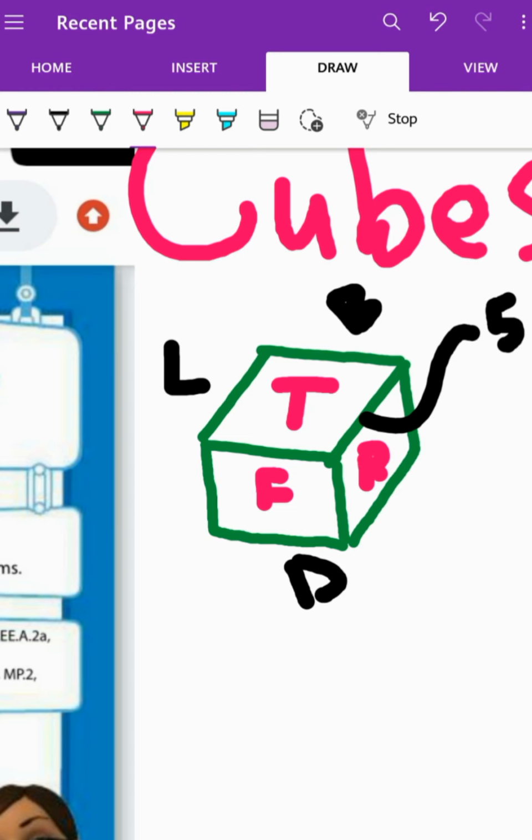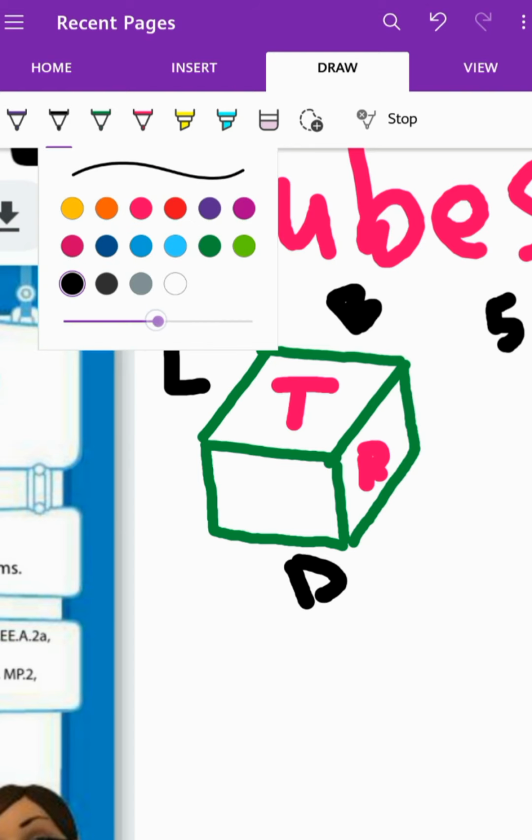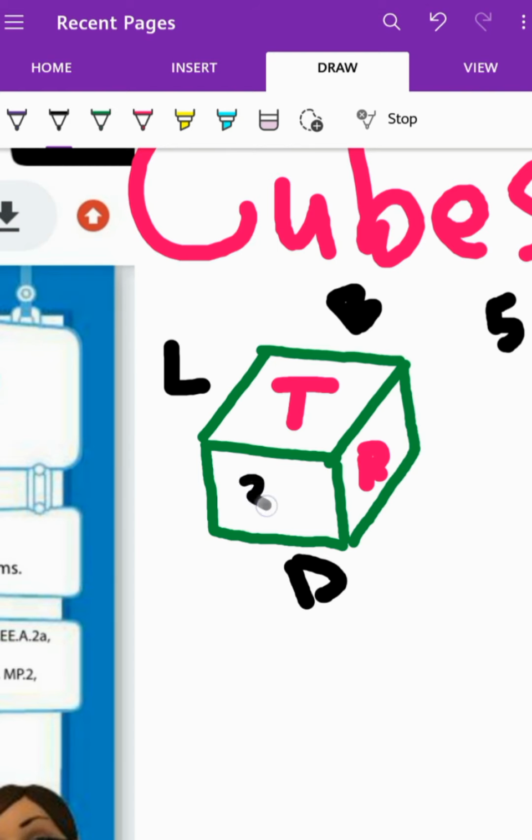Okay, how can we find the area of any square? Yes, side by side. Good. Side by side equals the area of a square. 5 by 5 gives me 25. Because of that, all the areas are 25.